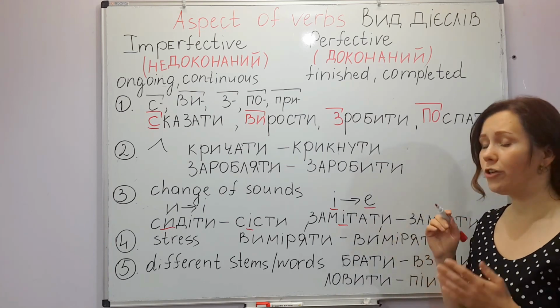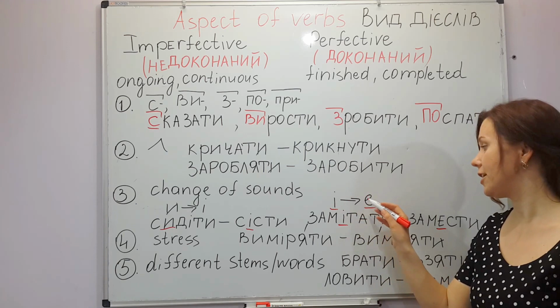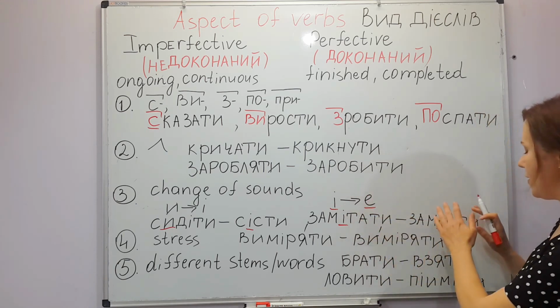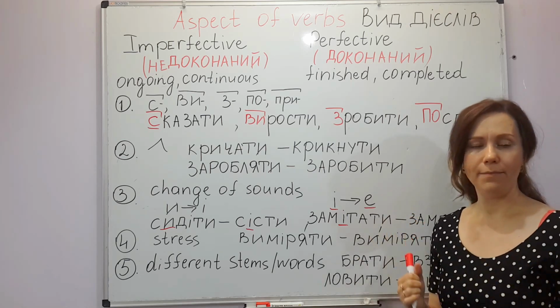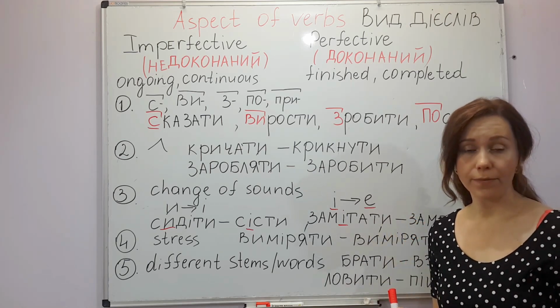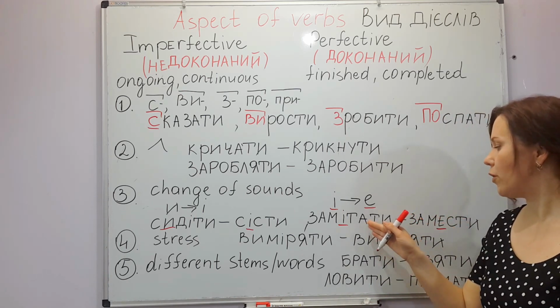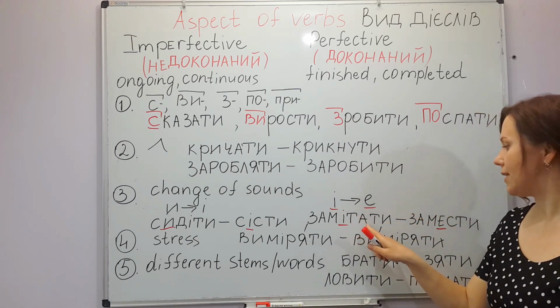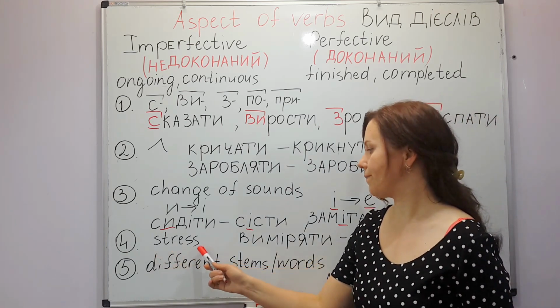Again, if you know this rule, it won't help you a lot, as here we have some other changes too. So maybe check a good dictionary, or just try to learn the most frequently used verbs.